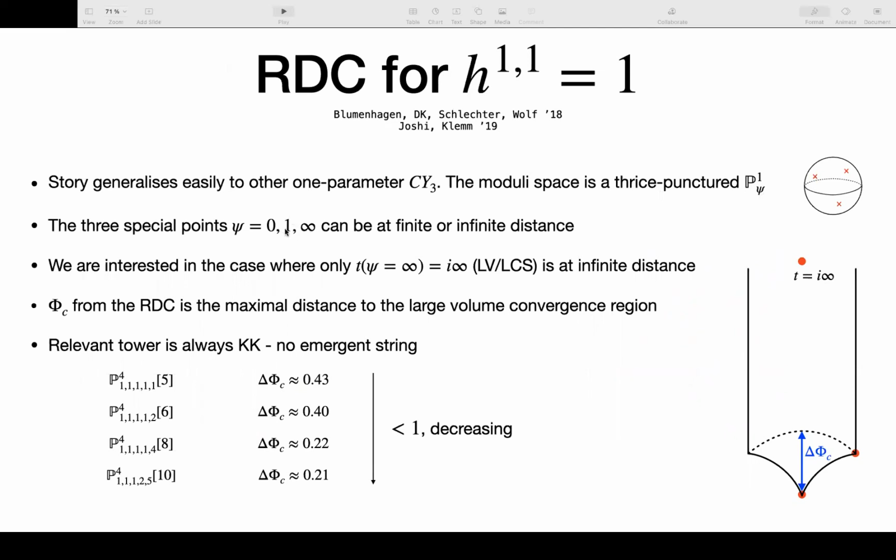We have one point which is the analog of the conifold point, and one which is here at the bottom. And these points may be at finite or infinite distance. And we are mostly interested in the case where only the large volume or large complex structure point is at infinite distance, because then we have this other phase which is of finite diameter, and we want to probe this diameter.